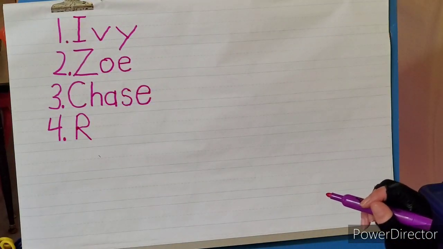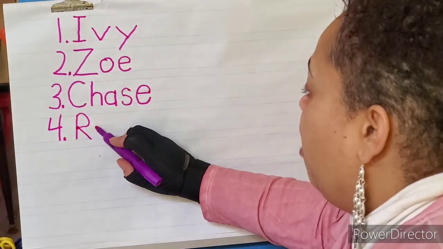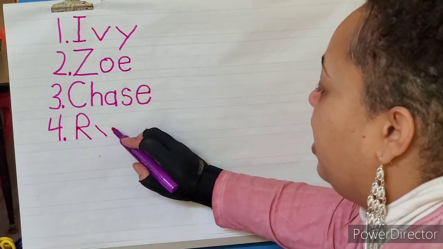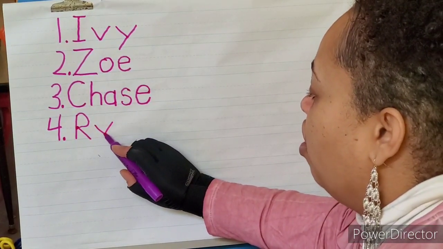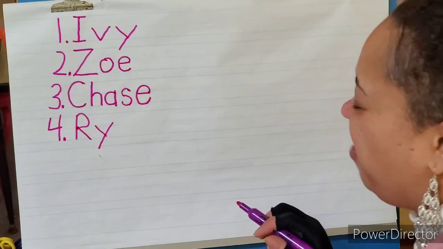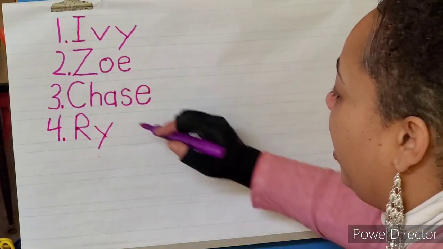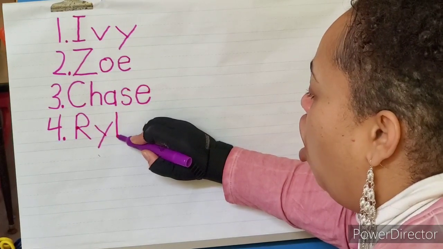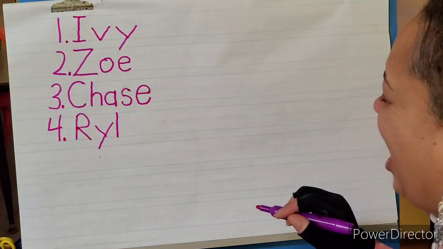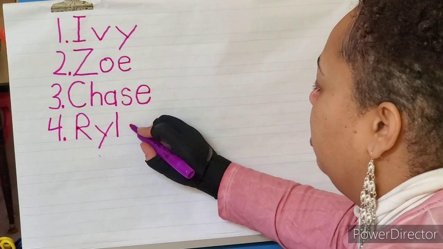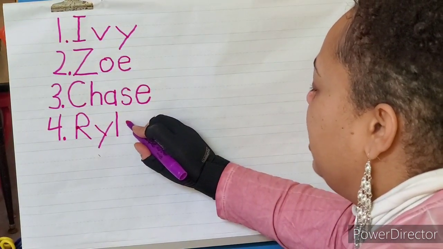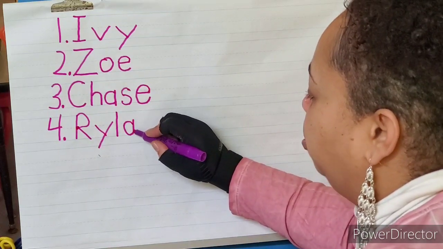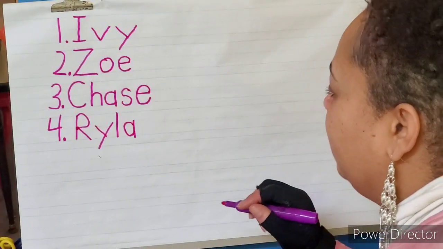For the letter R. Now for the letter Y, we do our diagonal line, just like here in Ivy's name, and then a longer diagonal line in the other direction for the letter Y. For the letter L, we come down for a long, straight, vertical line for the letter L. Then we need another A. Remember our C, then a short vertical line.